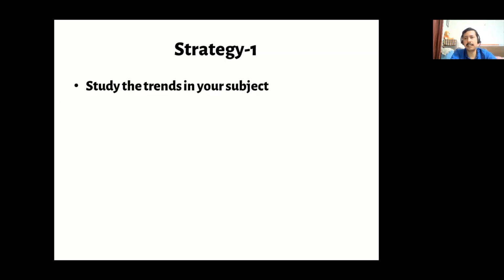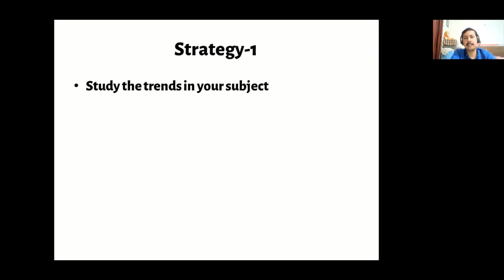One of the important factors which affects the impact of a published article is whether it is trendy or not. When I say trendy, I mean whether the contents of an article hold any relevance in the contemporary context in your subject area.